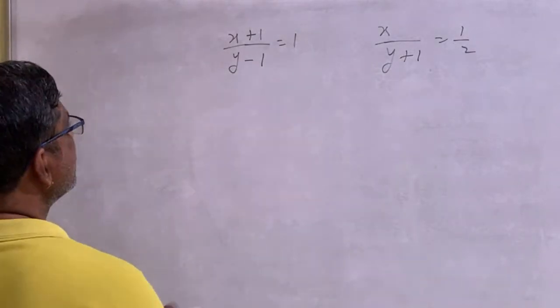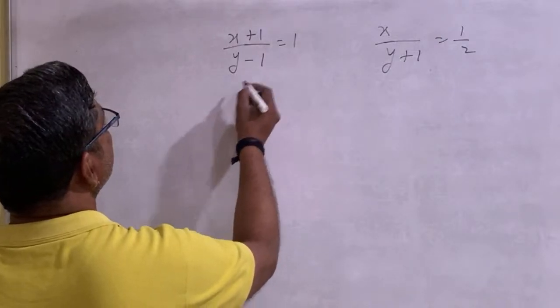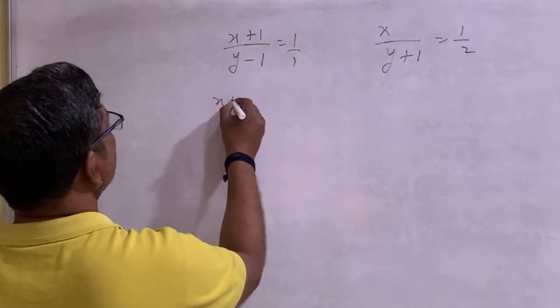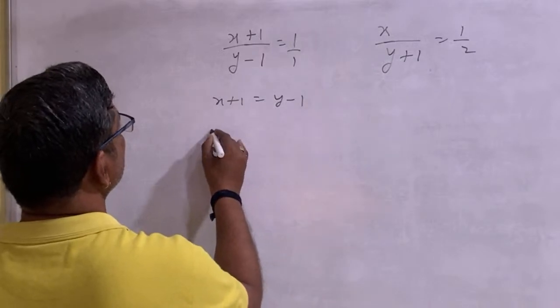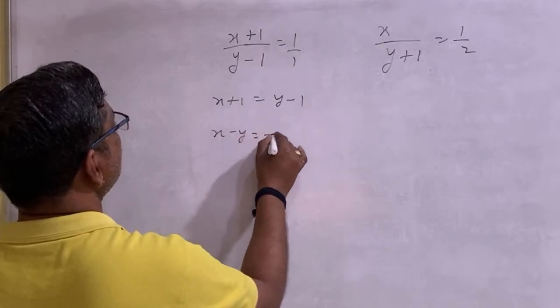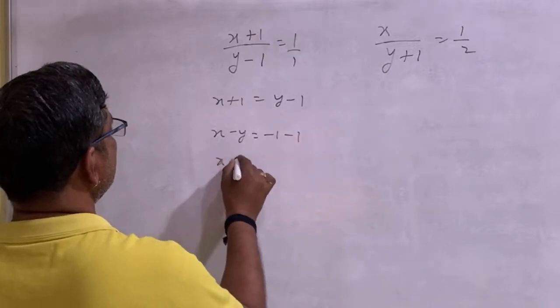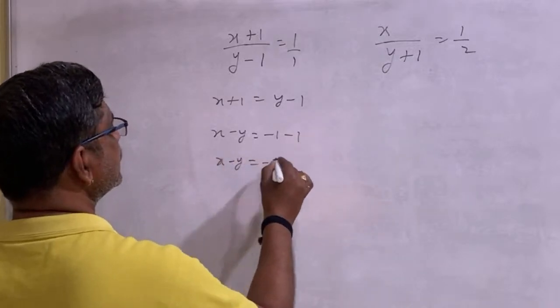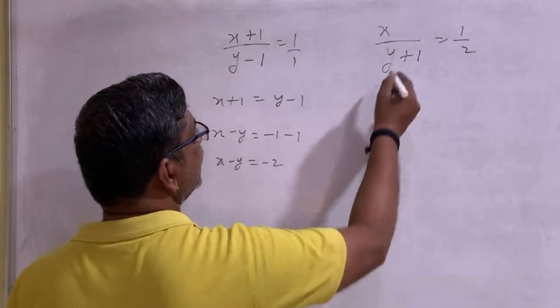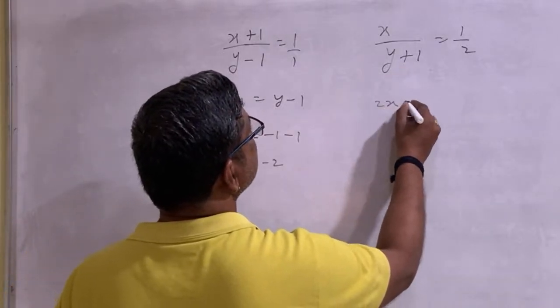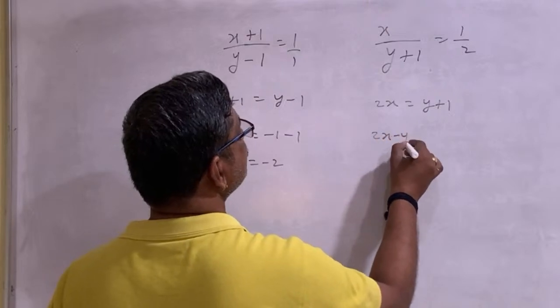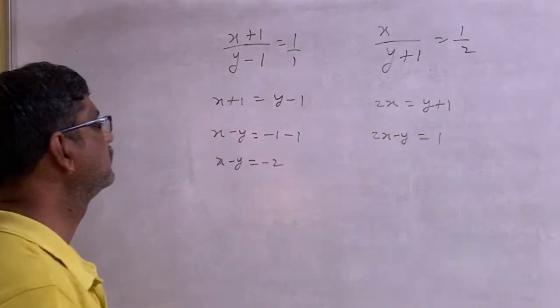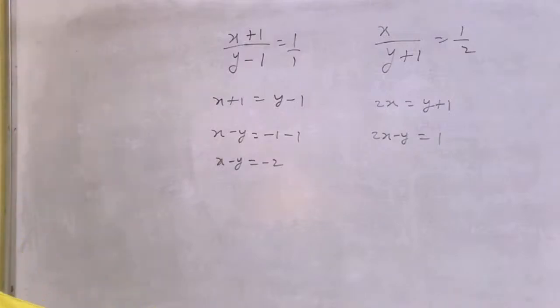When we cross multiply, x + 1 = y - 1. So x - y = -1 - 1, x - y = -2 here. And here 2x = y + 1, so 2x - y = 1.